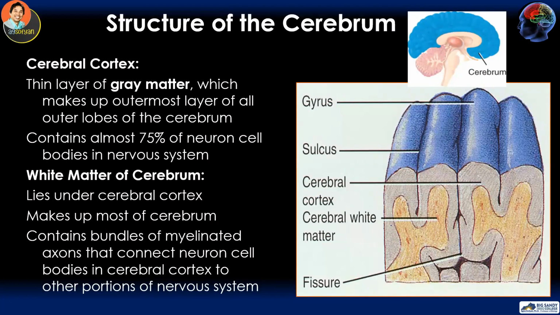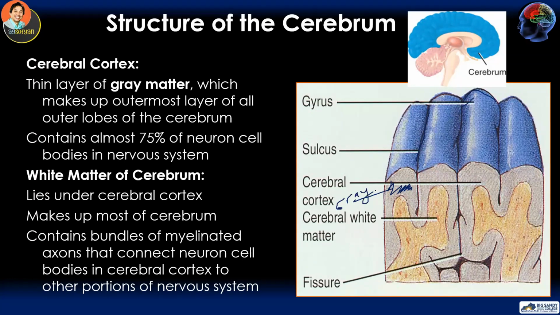This is going to be a better picture for looking at sulcus and gyrus. Again, gyrus is the hill, and sulcus is the valley. If we see the cross sections of the brain, you will find this area over here is gray matter.